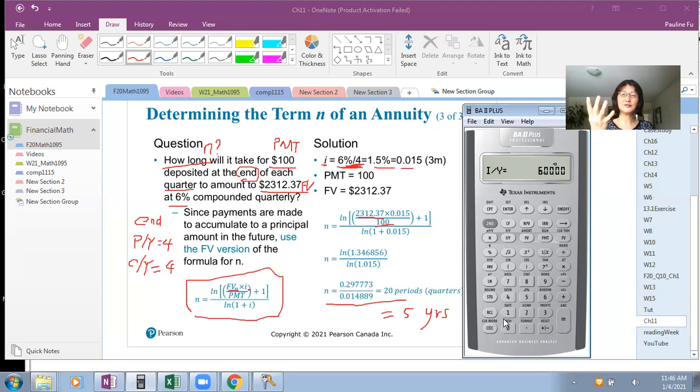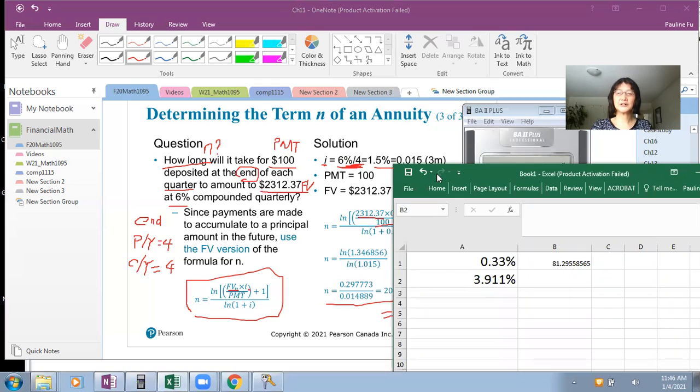Remember, you need to enter 4 numbers. So 0 is the PV. Last step, compute term N. You have 20 quarters. The unit is quarters. Okay, so this is the calculator method.